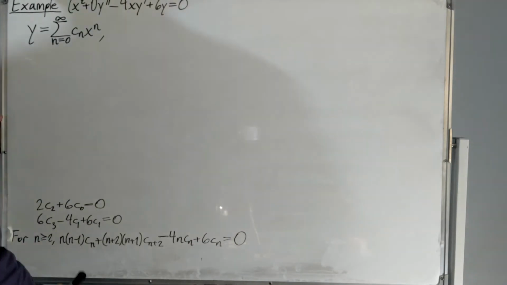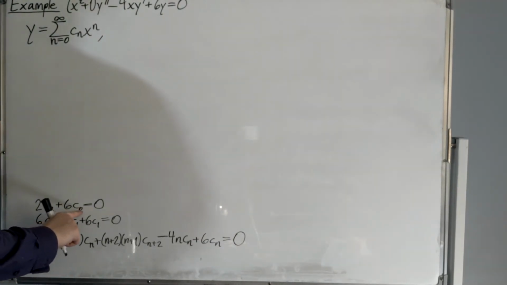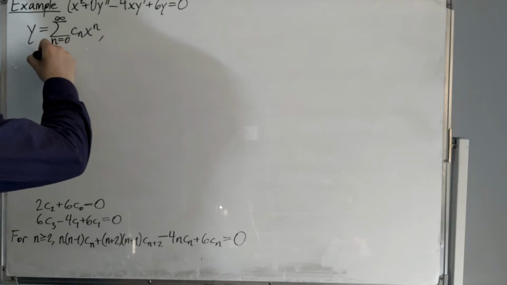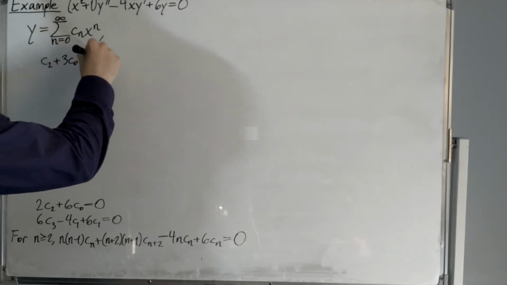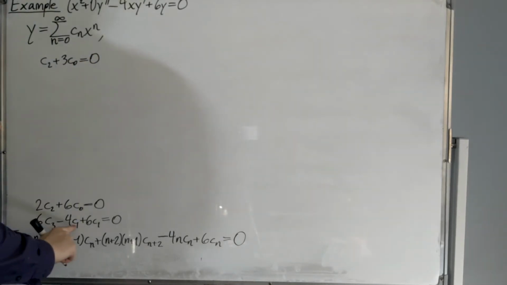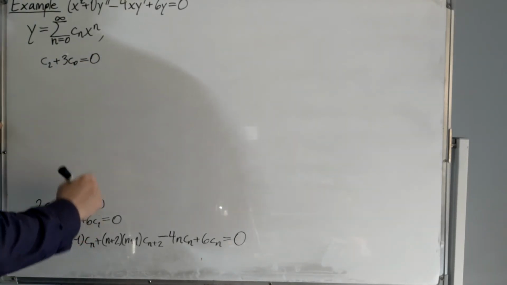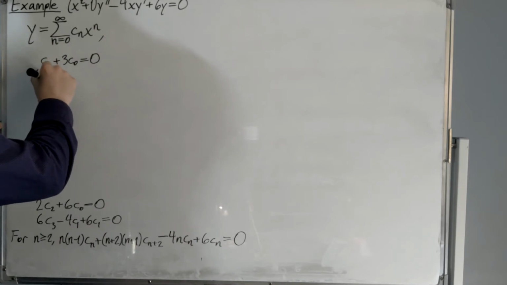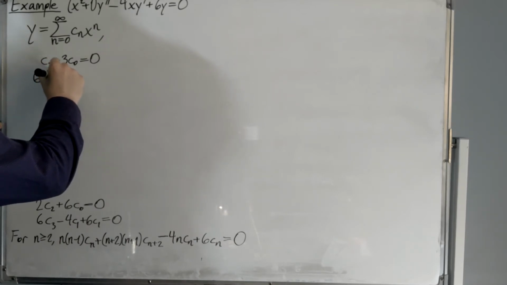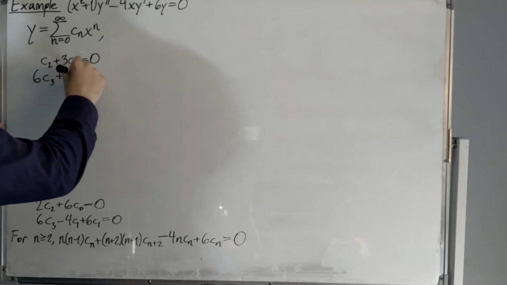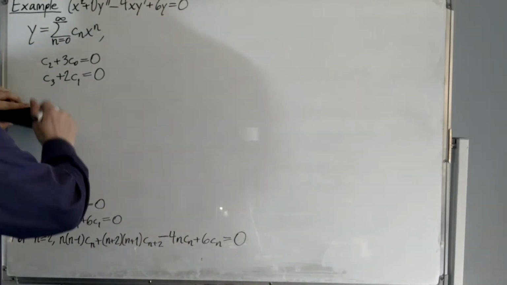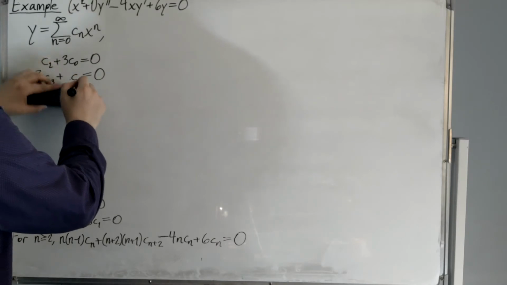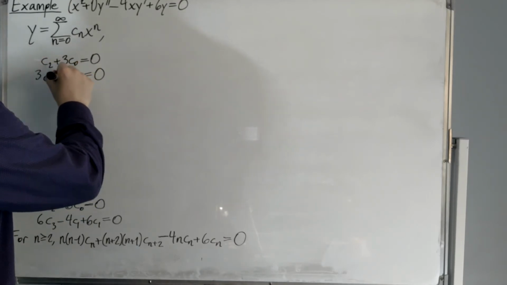So, first of all, you can divide this whole equation by 2 and get C2 plus 3C0 equals 0. You can add up these two terms here to get 6C3 plus 2C1 equals 0. And then you can divide that equation by 2 to get 3C3 plus 1C1 equals 0.